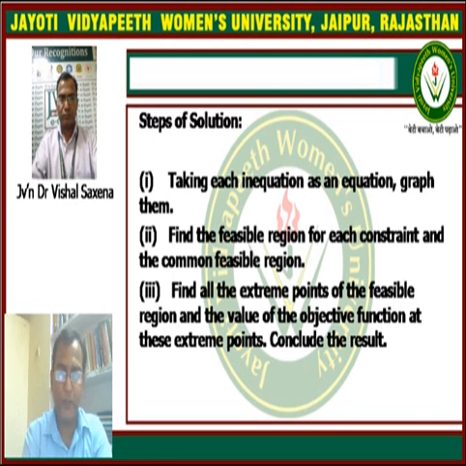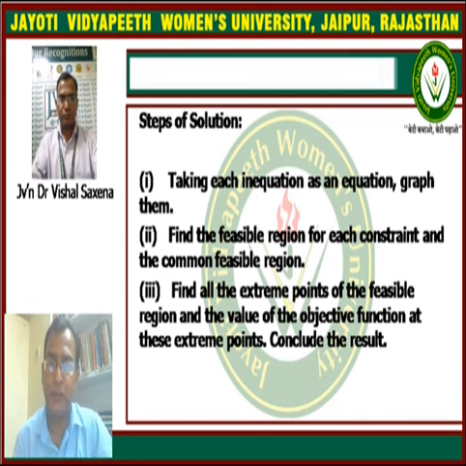So in this way, first of all, we take the inequations as equations and draw them on the graph paper. After this, we find the feasible region of each constraint, and then the common feasible region, which is the portion bounded by the constraint lines.